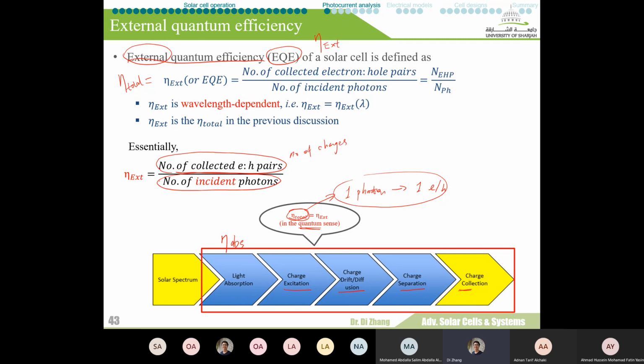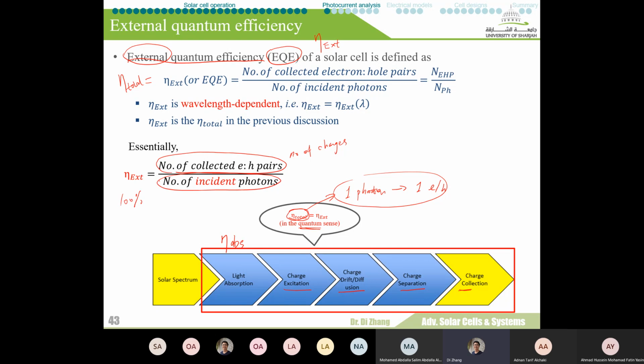Obviously the ideal case, if you have 100% quantum efficiency, what does it mean? It means that you are doing one-to-one conversion. This is the best case scenario for the solar cell.